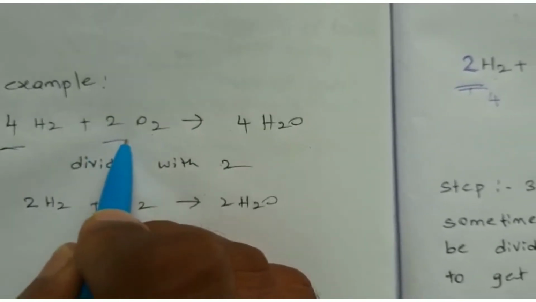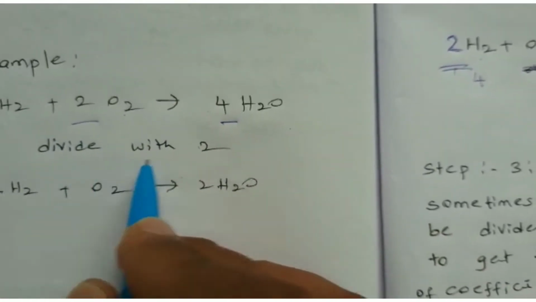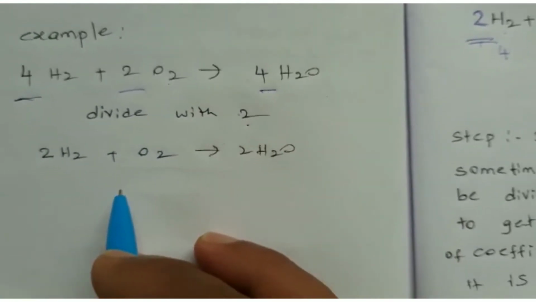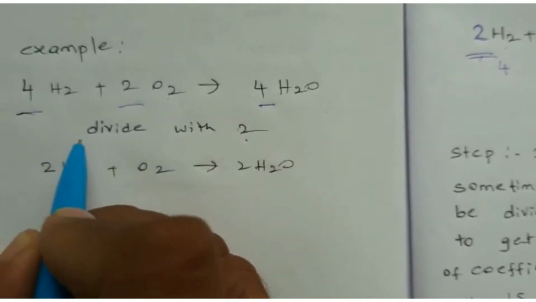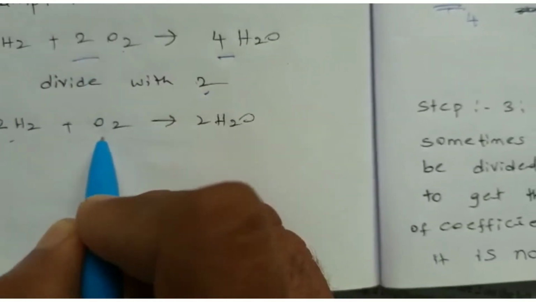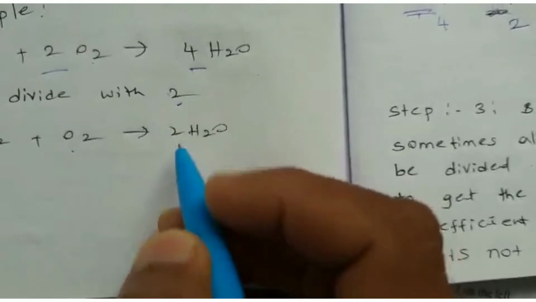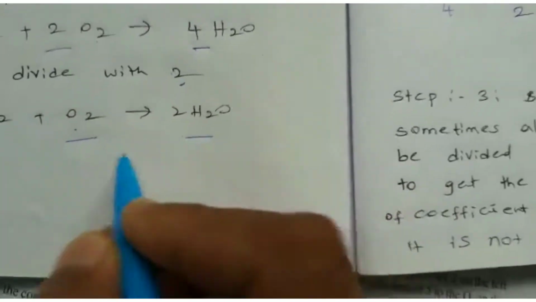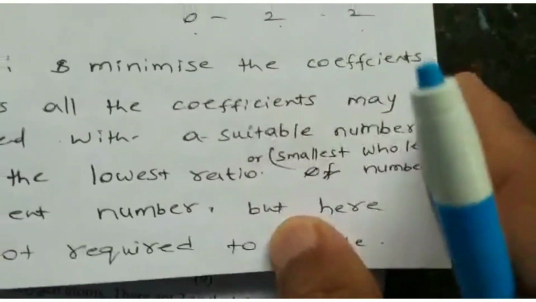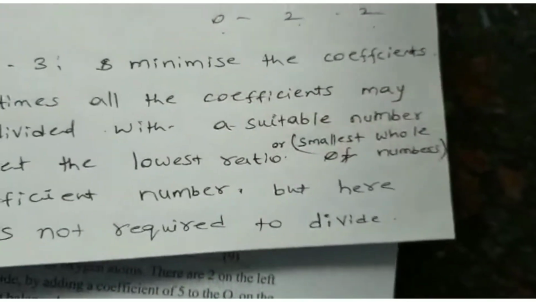Here 4, 2, 4 will be divided by 2, so you can minimize the equation. You want to make it the smallest whole numbers, so you divide by 2. 2 twos are 4, so here 2, 1, 2. That means we want to minimize the equation to get the smallest whole number coefficients.